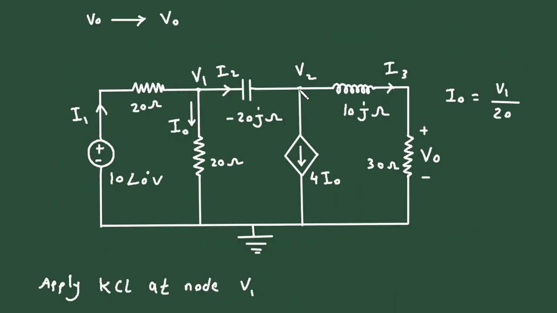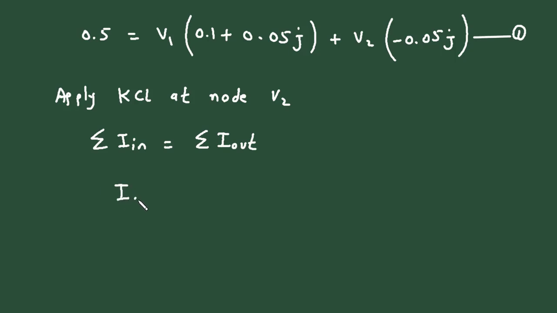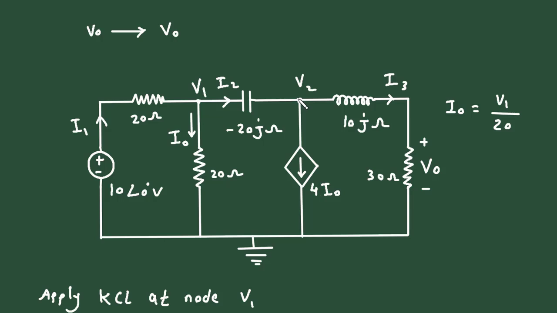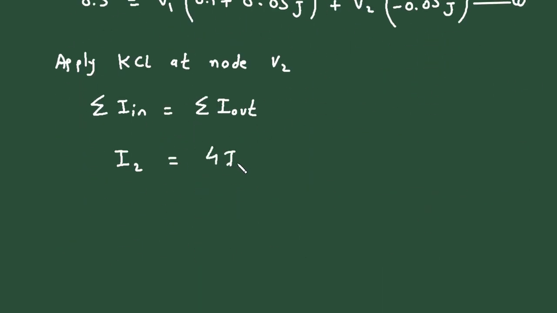So here at this node, entering current is this I2. So I2 is equal to leaving current, here we can see there are two leaving currents. So 4IO plus I3.